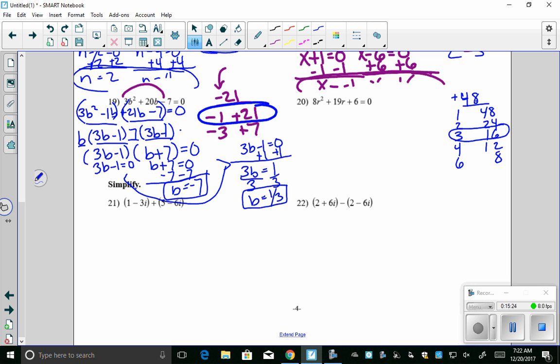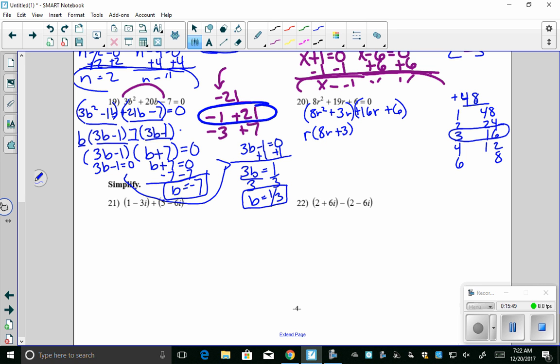So you're just going to rewrite everything, 8r squared, except instead of writing 19r, you're going to say 3r plus 16r plus 6. Group. Factor out what they have in common. R(8r plus 3).